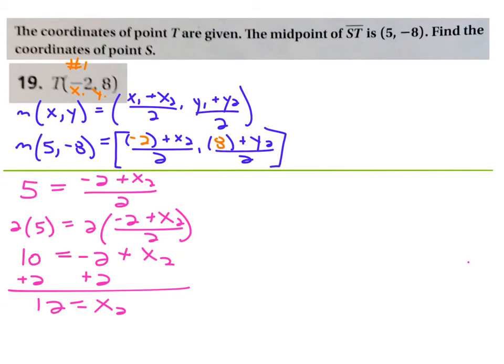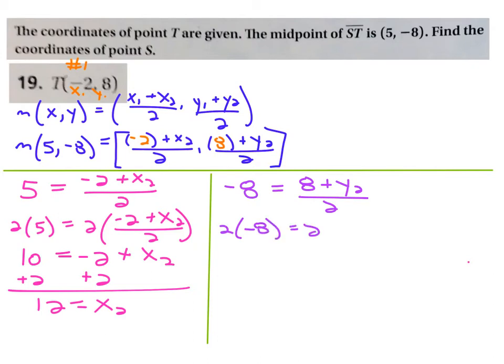And draw a line, separate this, and do the same thing for the y-coordinate, which is -8. And that's equal to 8 plus y2 over 2. Multiply both sides by 2. And we get -16 equals 8 plus y2.